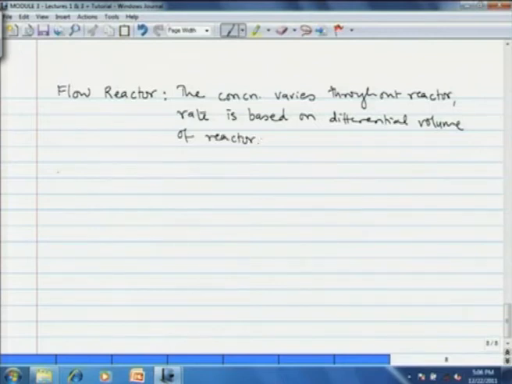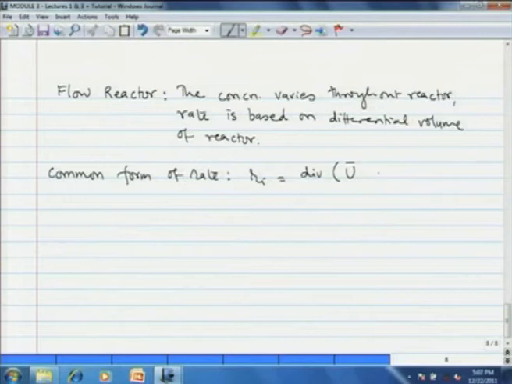The useful form of rate is Ri is equal to the divergence of the velocity vector and the concentration of the species. U bar is the velocity vector.